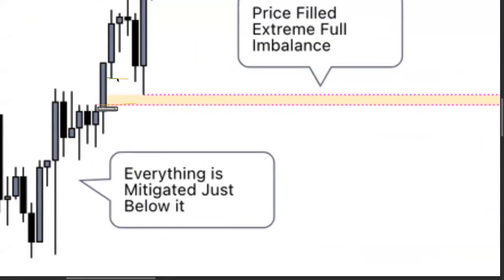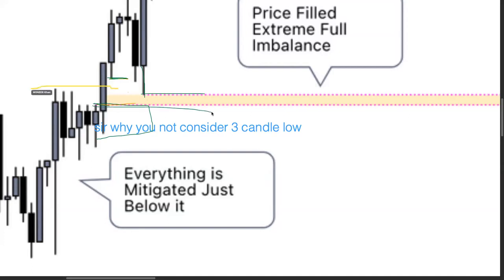When we use this imbalance right here, but price did not mitigate this candlestick, we can use these types of things in the future. If price comes here, then we can take an entry for a buy or sell. If the same thing happens here, for example there is any inducement and price taps on this order block, we can use it, but this candle is still not mitigated. So we can use this low and this candle high as an imbalance.